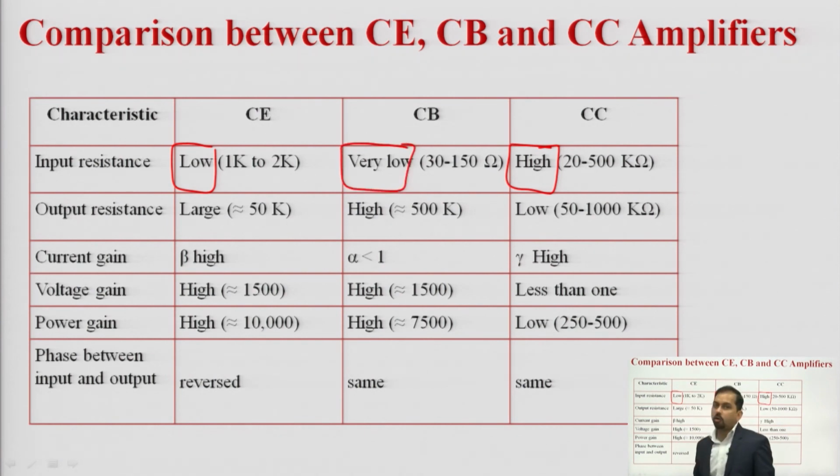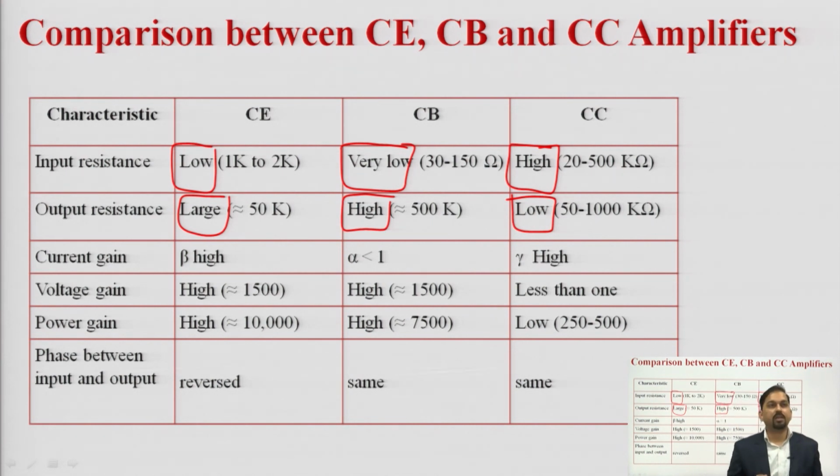For designing amplifiers, we will prefer the common emitter or common collector. At the same time, the output resistance is large, let us say 50K, for one configuration, while here the output resistance is low. For a good amplifier, the input impedance has to be very high and the output impedance has to be very low.